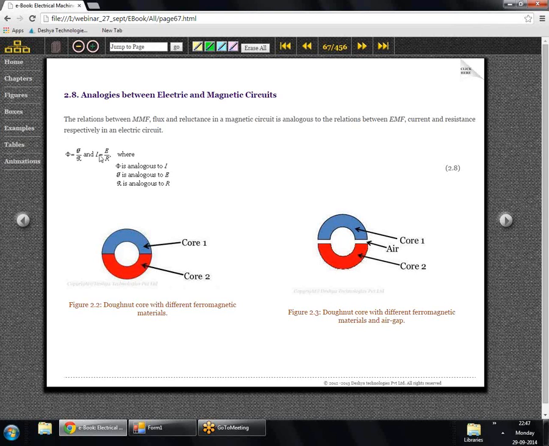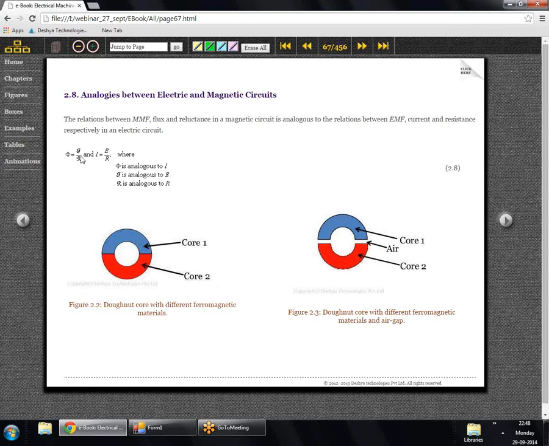So the current through the circuit is equal to the applied voltage or the EMF, electromotive force, divided by the resistance of the circuit. Similarly, in magnetic circuits, whenever we apply an MMF, flux is set up inside the magnetic circuit or the ferromagnetic core, and this flux is given by something very similar to Ohm's law of the electrical circuit.